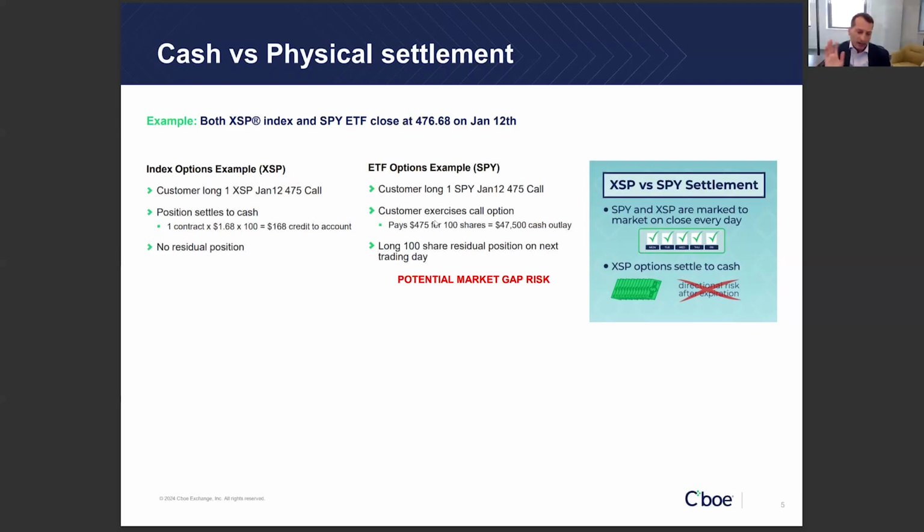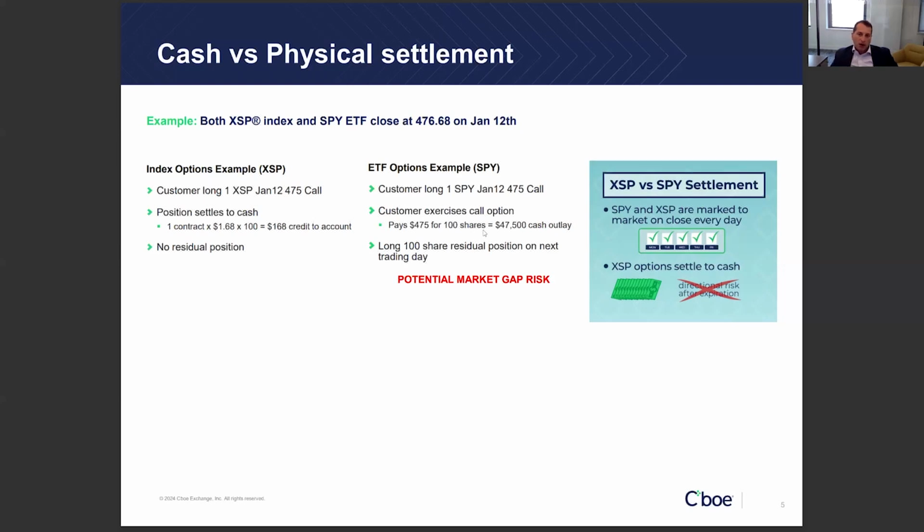That's provided they didn't sell out of it earlier, but if they decide they want to hold to expiration and exercise, they have to pay $475 for each of 100 shares. So that's a $47,500 cash outlay and a residual position, right? So you're long that 100 share position, maybe you want to be long that position. But if you don't, you hold that position and have that potential market gap risk, which can occur.